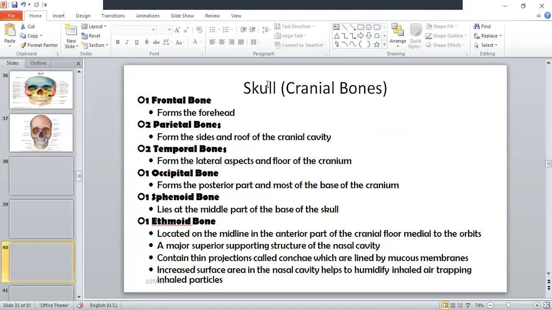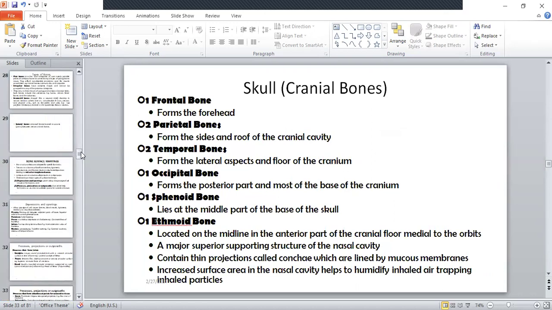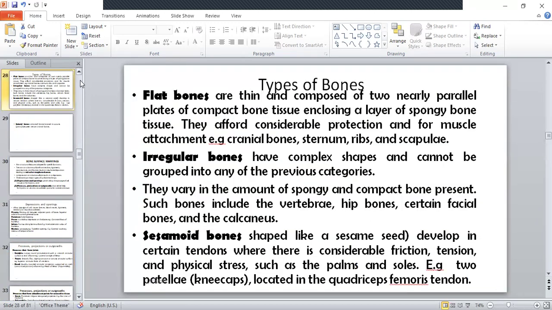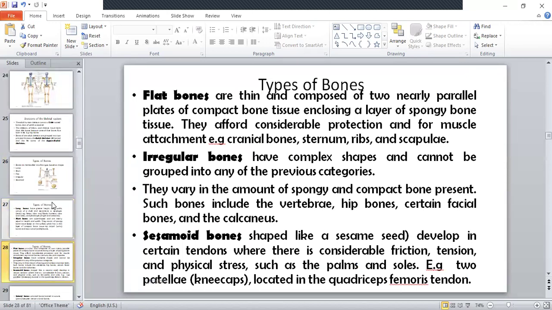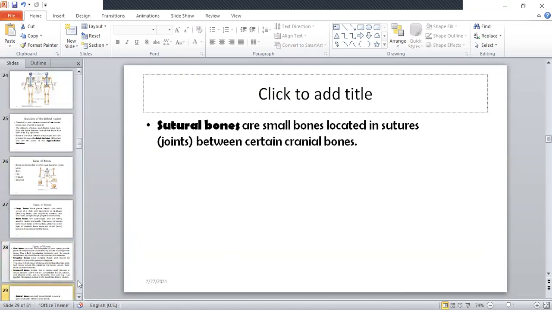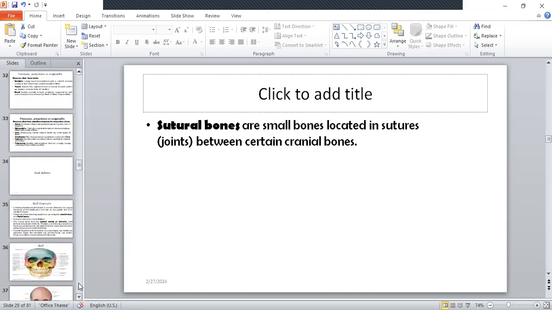That is an example of a tuberosity. So those are our projections.